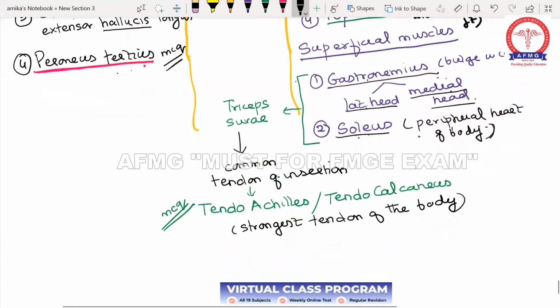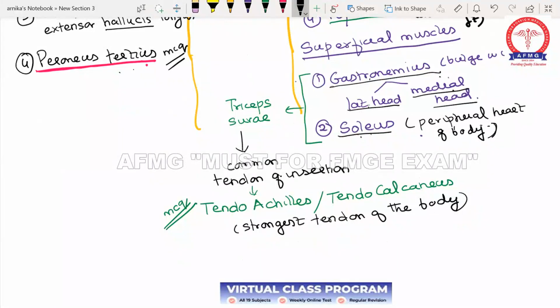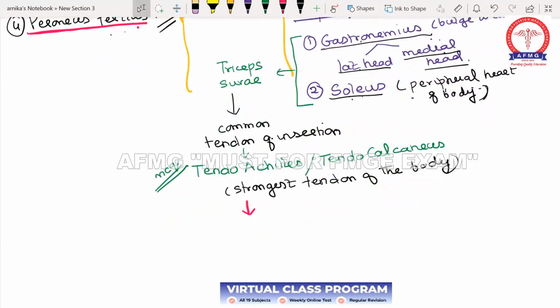Still, in spite of being the strongest tendon of the body, it is very frequently ruptured in athletes, because the gastrocnemius is the main muscle for running and walking.